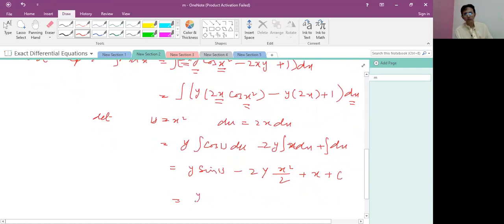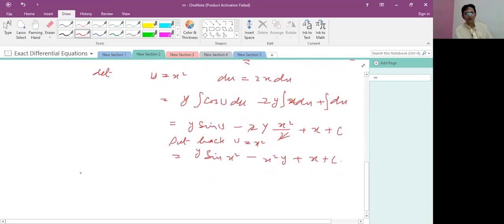Put back u, where u is equal to x^2, so y sin x^2 minus x^2 y plus x plus c.